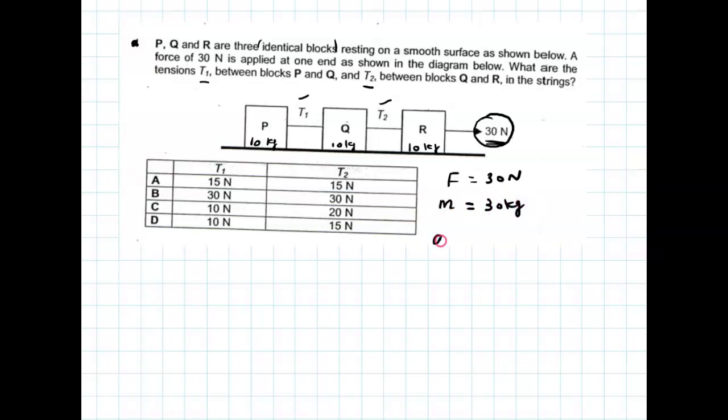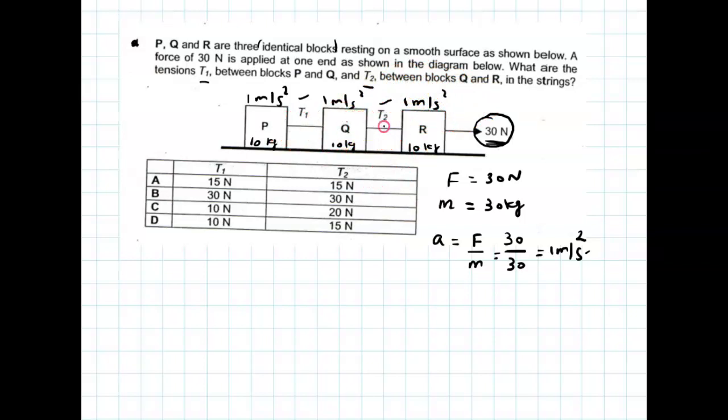The acceleration is force over mass: total force 30, total mass 30, so 1 meter per second square is the acceleration for all three blocks. They accelerate with the same value. This is our first clue to find the tensions.